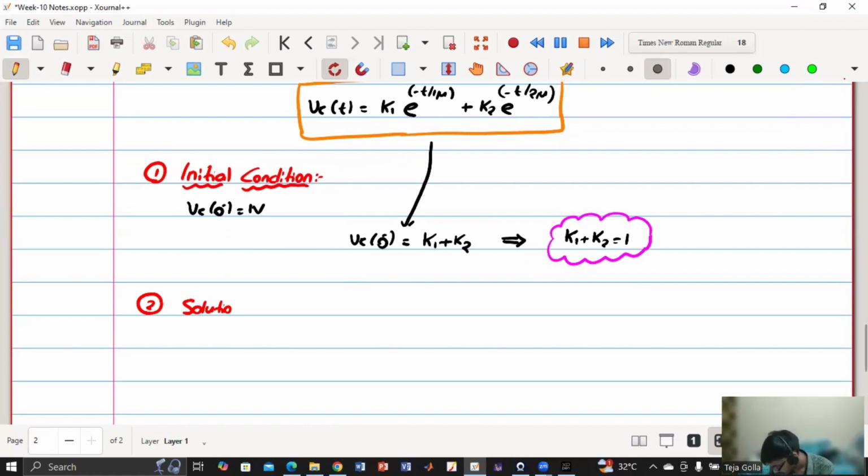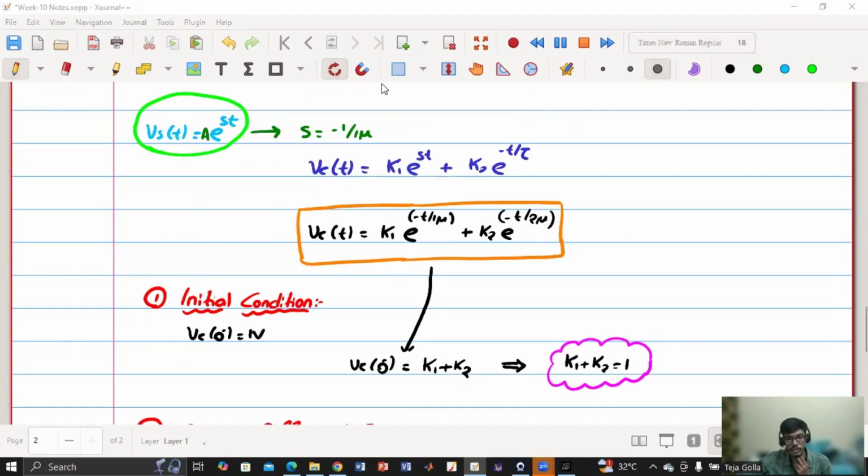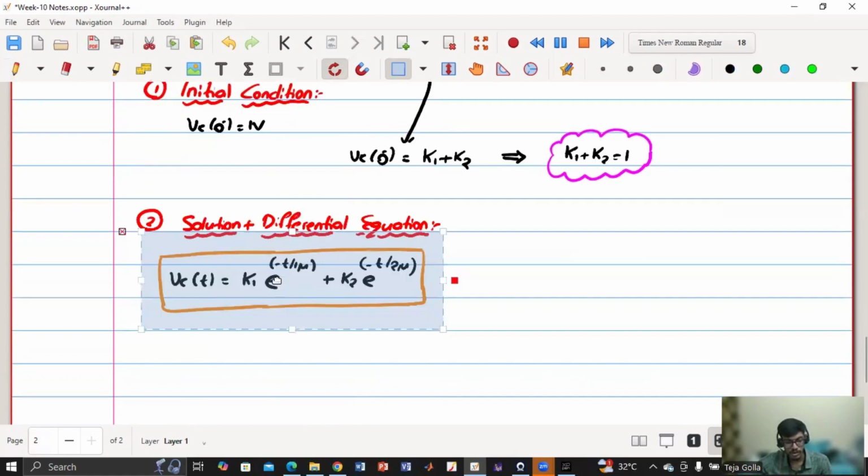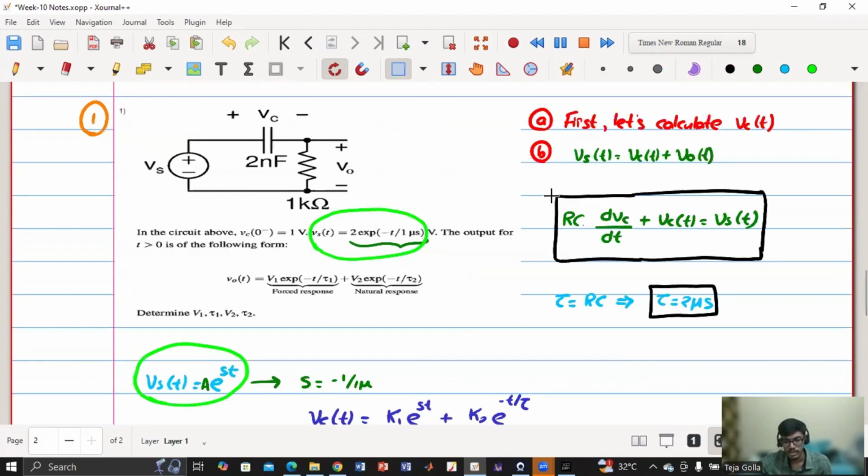So we are going to substitute this solution in the differential equation because it should satisfy it. Okay, let us substitute that and see. So now let me bring this solution. This is the solution that we are going to substitute in this expression.